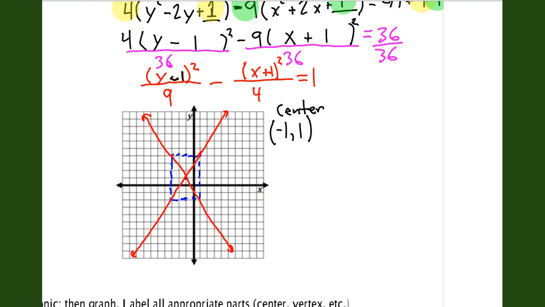There we go. And as already mentioned, since the y is what's positive here, this is the positive variable. This is a negative x. So we're going to go in the y direction for the graph, up and down. Use these diagonals to help guide our graph. Get close to, but never actually touch those diagonals. There we go. And there is our graph.